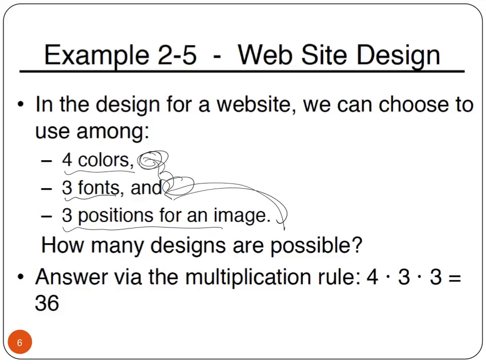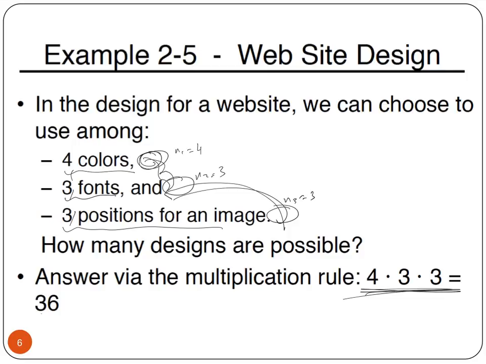When you choose a font, there are 3 possible fonts. And when you choose the image position, there are 3 possible positions. So N1 is equal to 4, N2 is equal to 3, and N3 is equal to 3. And the total possible number of outcomes is the multiplication of those, N1 times N2 times N3. So you get 36 possible designs.